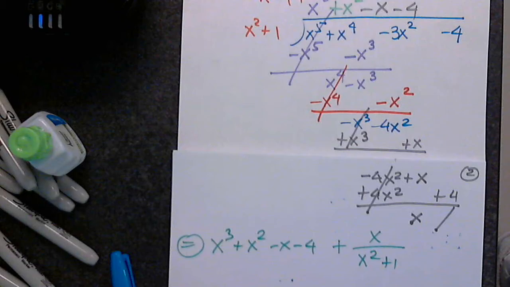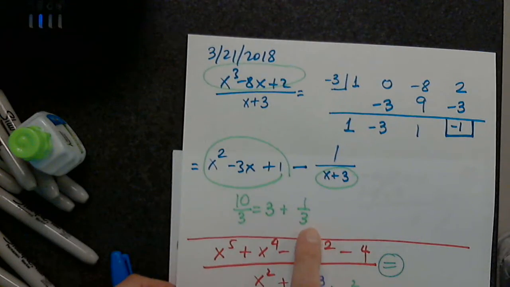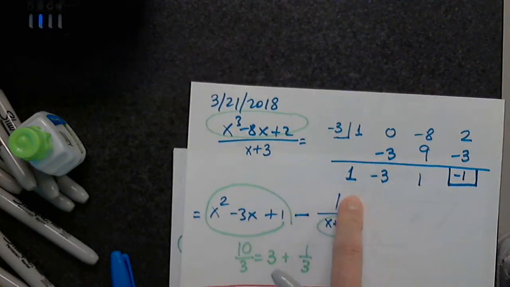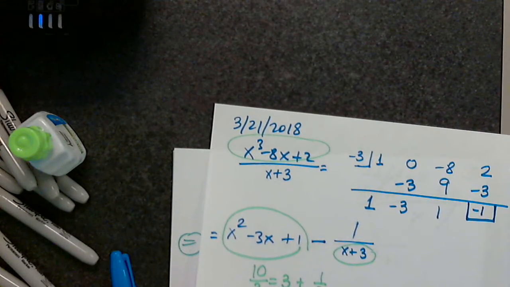Yeah. Okay. So it's the same thing as 10 divided by 3 equals 3 plus 1/3. 3 times 3 plus 1 has to give us 10. That's what we're doing. This times this minus 1 has to give us this. And then we know that the answer is correct.